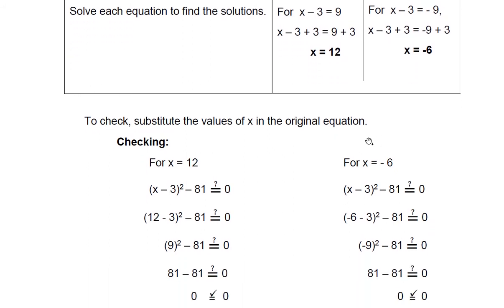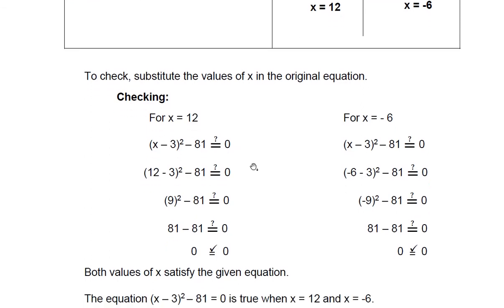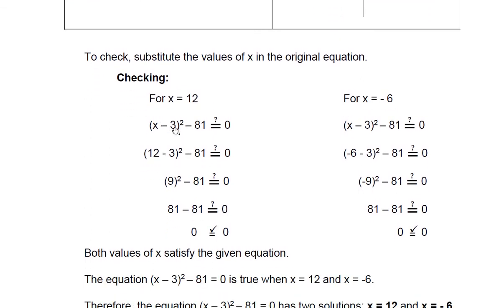So to check if the following values are solutions, we need to check. So just simply substitute the values. So x is 12.